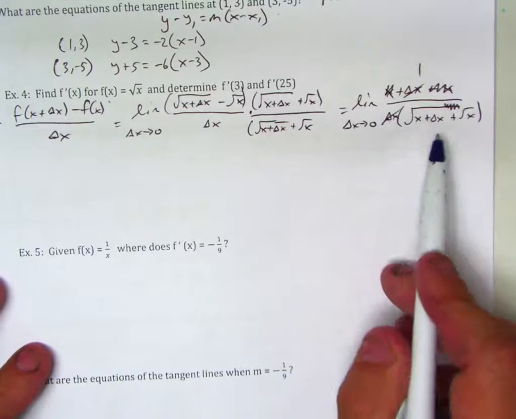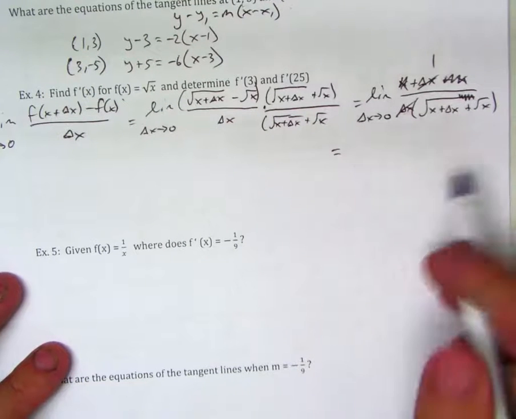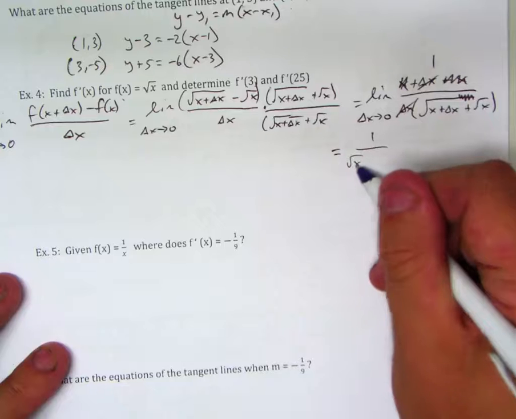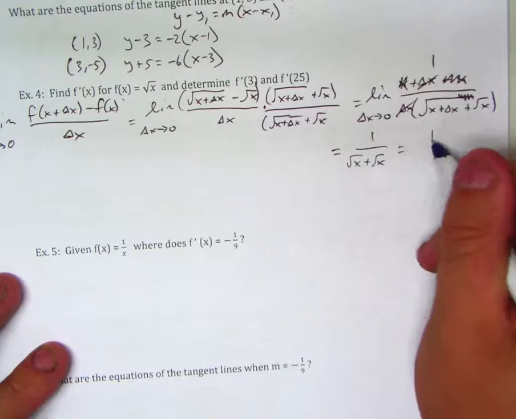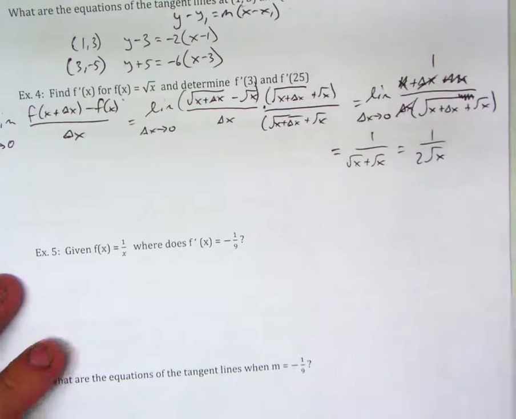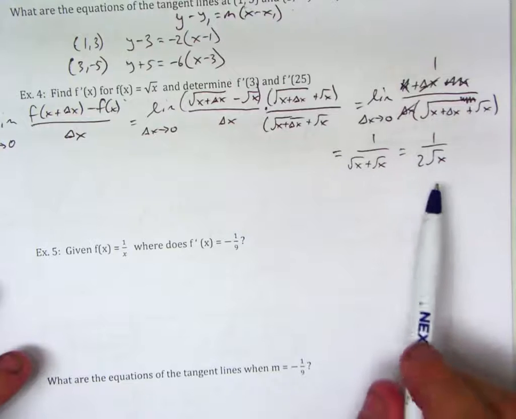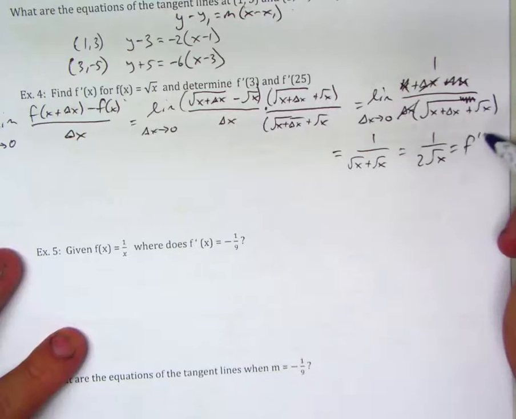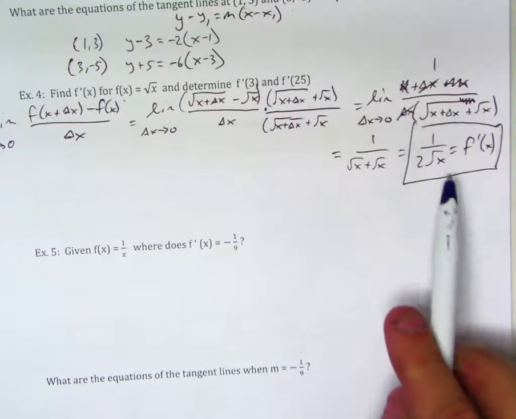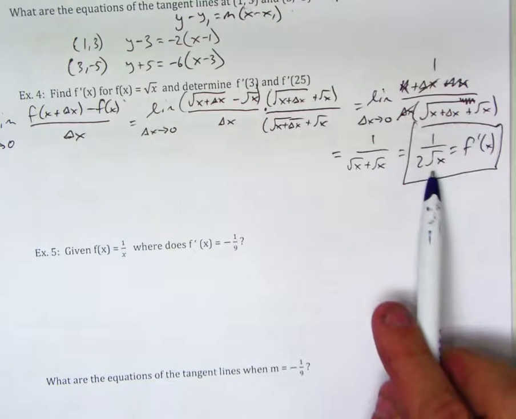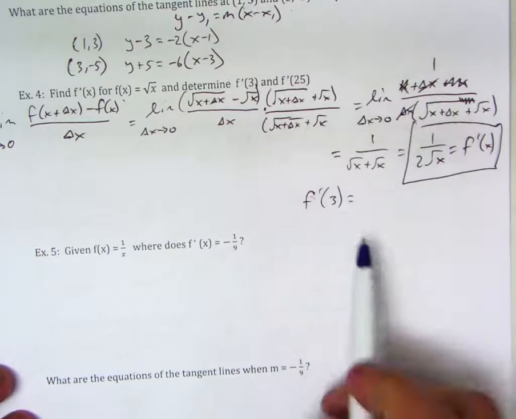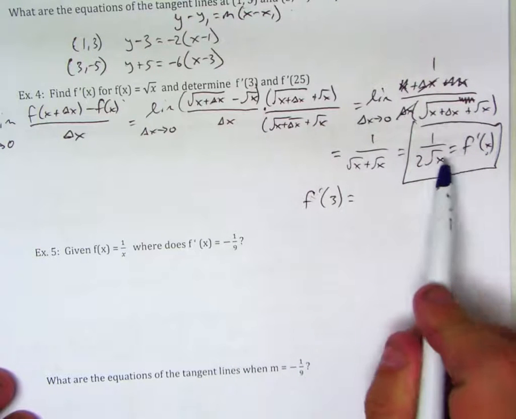So now you can plug the 0 in. So now you're plugging it in, so the limit goes away. So this equals 1 over square root of x plus square root of x, which is 1 over 2 square root of x. So this is what f prime of x is. This is basically the derivative of the original function. This will find you the slopes of tangent lines at specific values. So we want to find f prime of 3, which means plug 3 into the function.